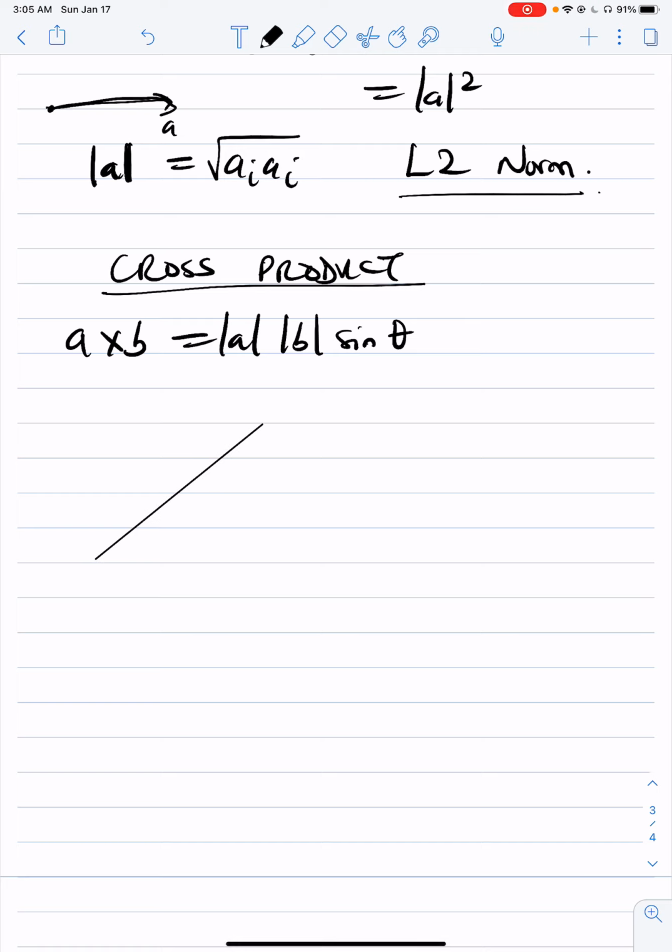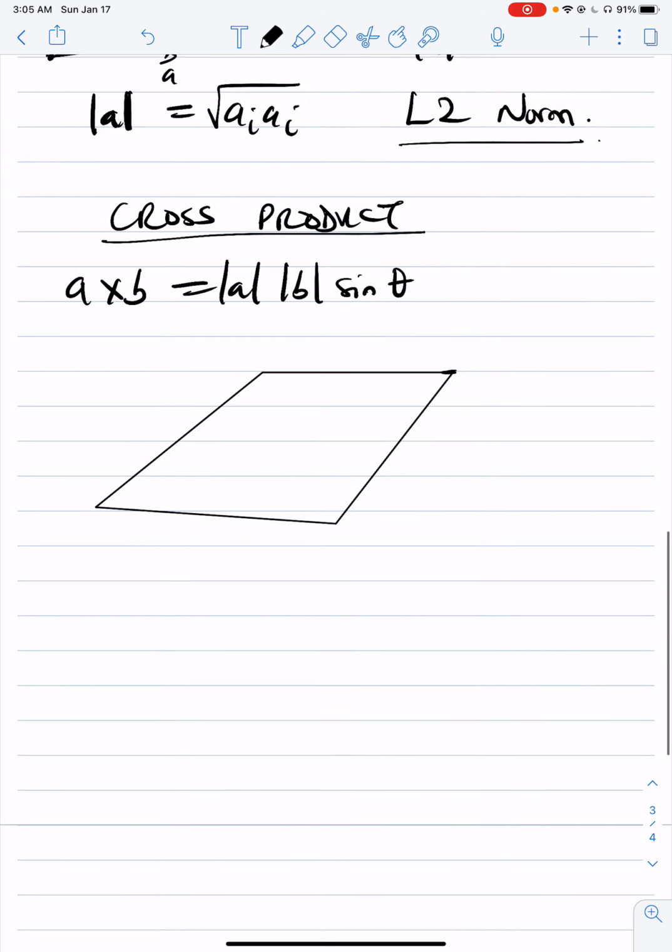You have a plane like this. I'll try to make my drawing as clear as possible. The plane doesn't look too good, but okay. You have a vector here. Let me use a different color to make things clearer.